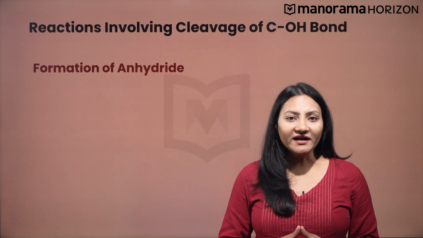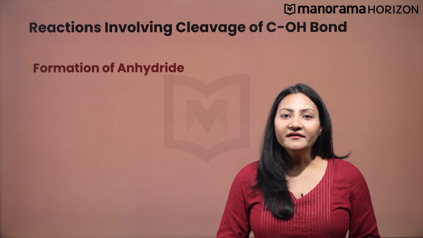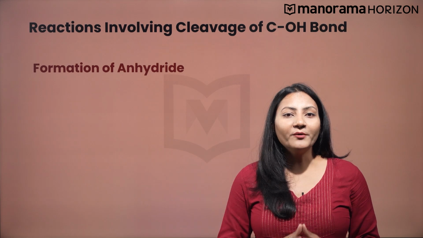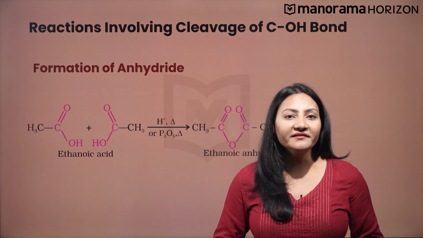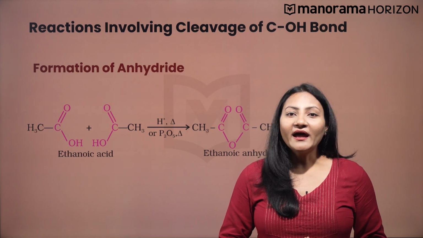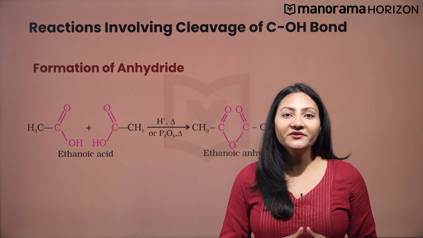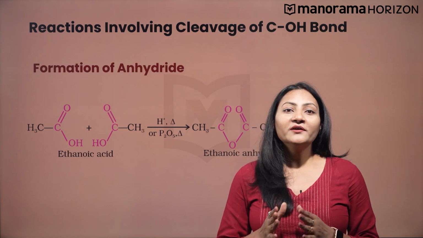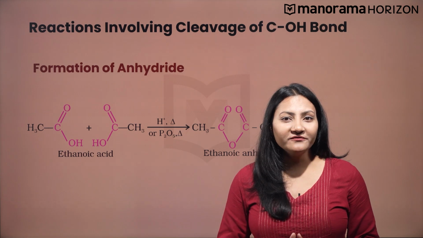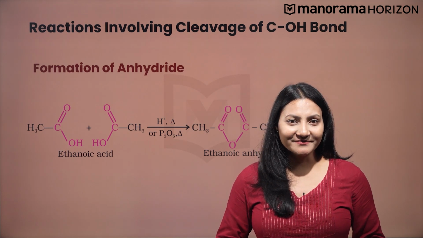In this video, we discuss the chemical properties of carboxylic acid. Let's dive into the topic. We will start with the reaction where the cleavage of the C–OH bond is involved. One such example is when carboxylic acid is heated with mineral acids such as H2SO4 or with P2O5 to give corresponding anhydrides.